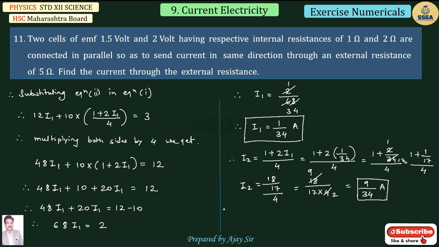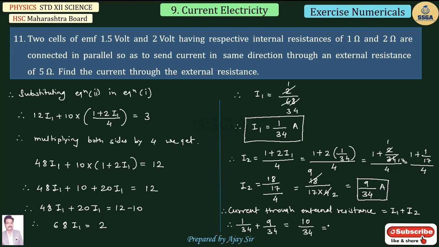So it is 1 divided by 34 plus 9 divided by 34, which is equal to 9 plus 1, that is 10 divided by 34.